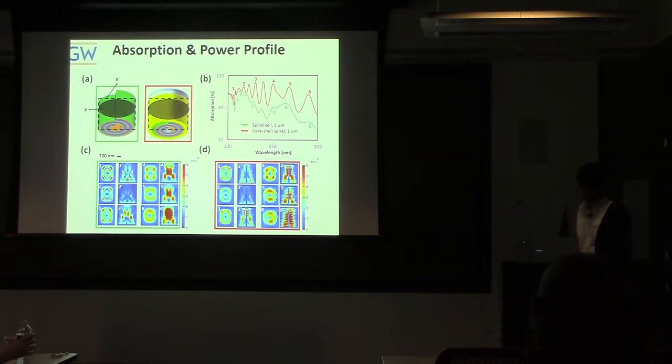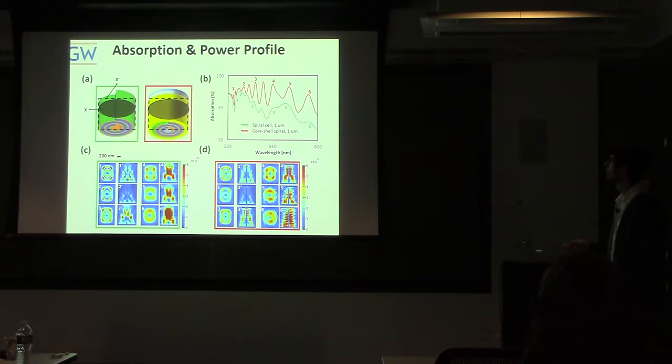So this is a little noisy figure, but for a good reason, I guess. The red curve corresponds to the red rectangles, and the green one corresponds to the green structure and green modal profile.